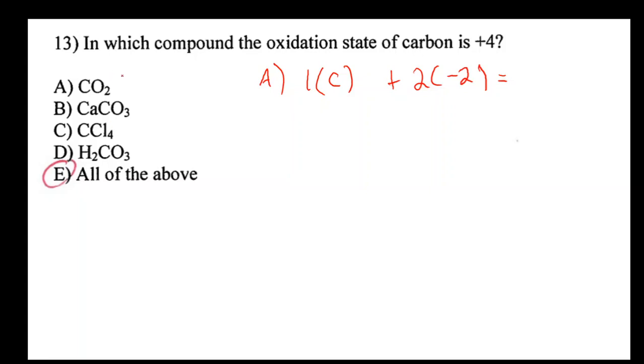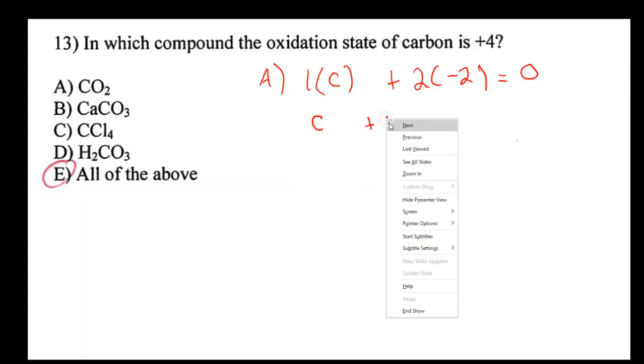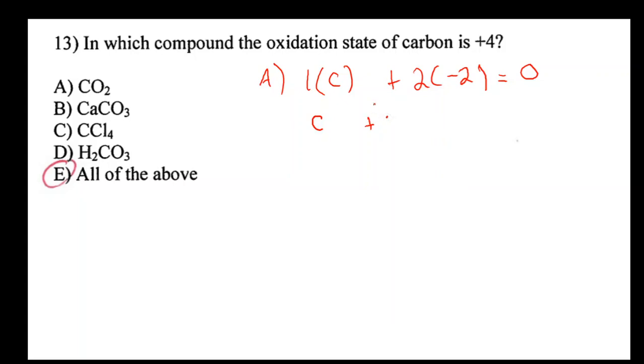Since there's no charge on the molecule, our overall charge is 0. I like to represent it like a math equation where you're solving for an unknown. So we have C plus 2 times -2, that'd be -4.